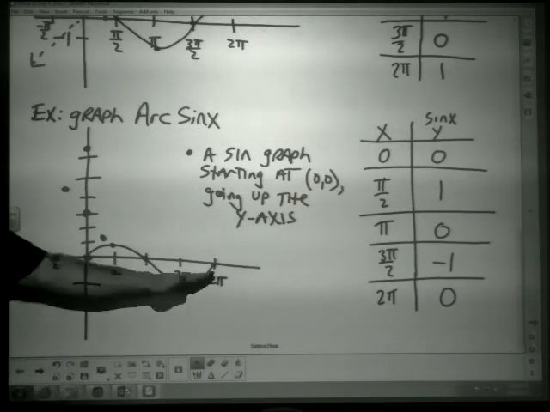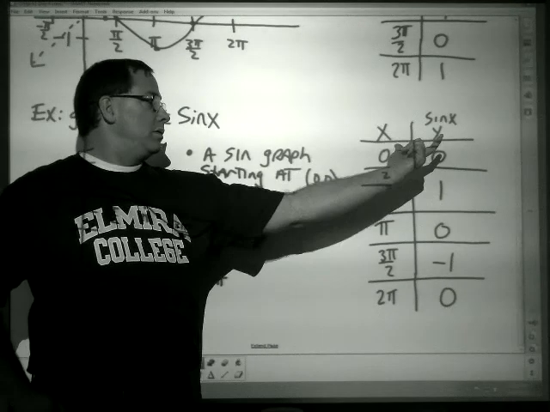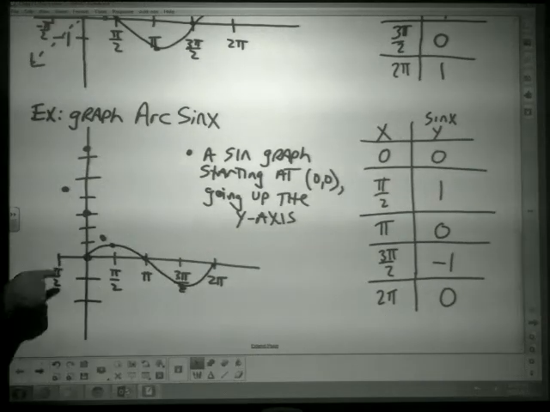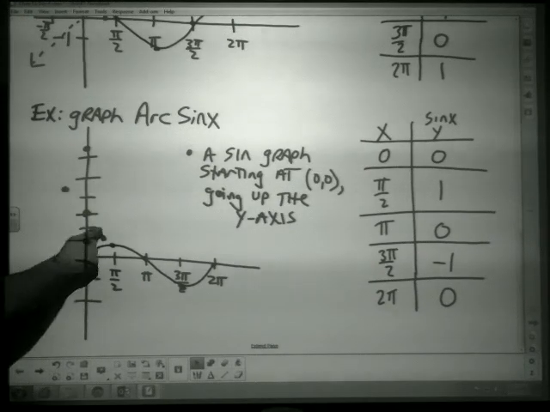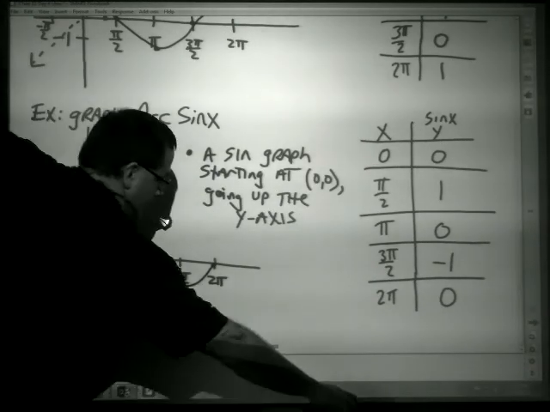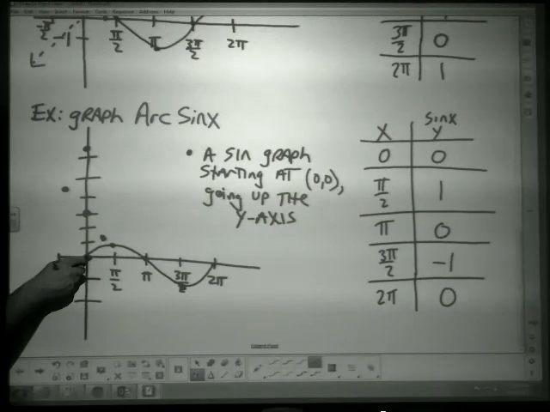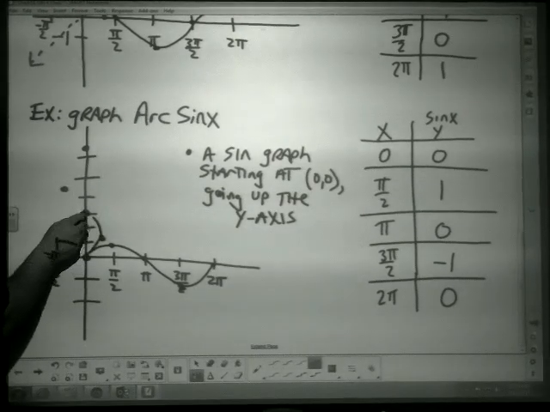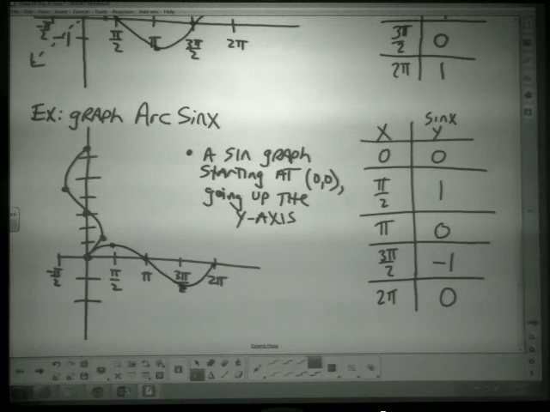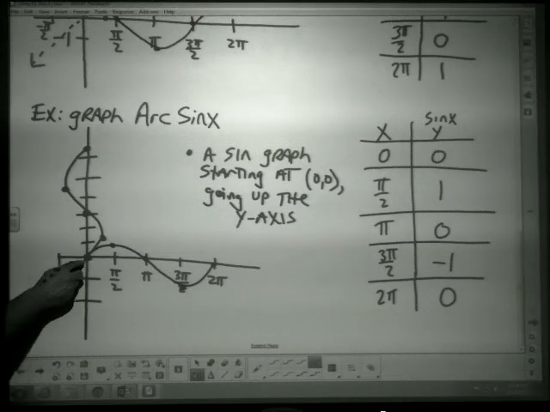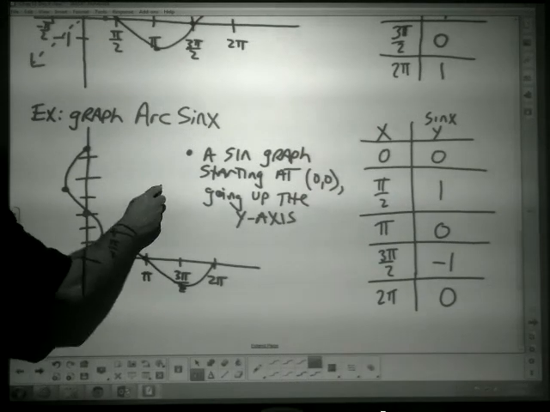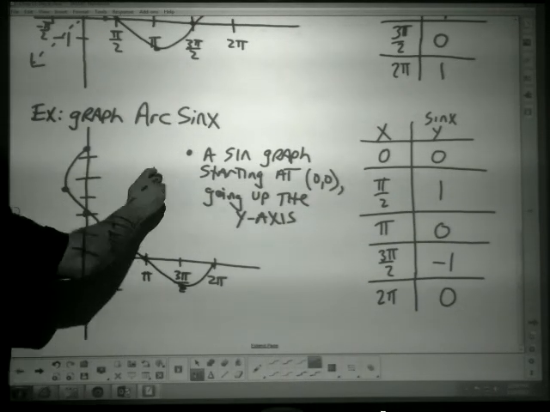So if I take these coordinates and flip them, it still starts at 0, 0, and then it works its way up the y-axis. Okay? So from here, goes here, here, here. And that is your arc sine graph. It again reflects across the line y equals x.